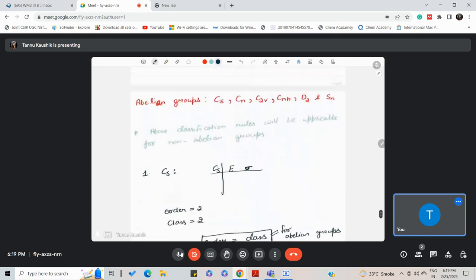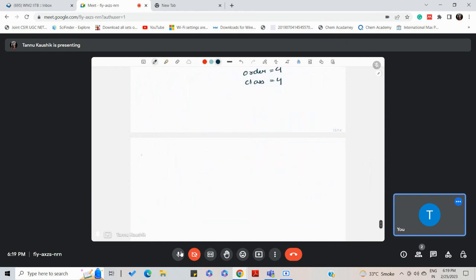Okay. Now let us move to the next point group, which is the CNV point group. Let us take a very common example of the C2V point group, H2O.